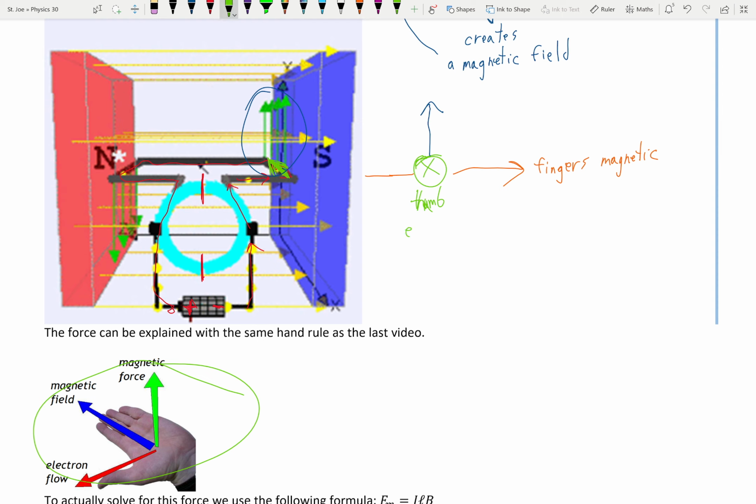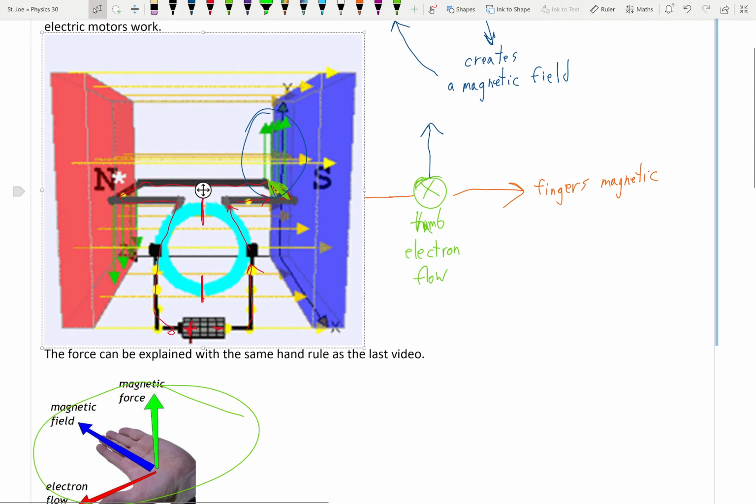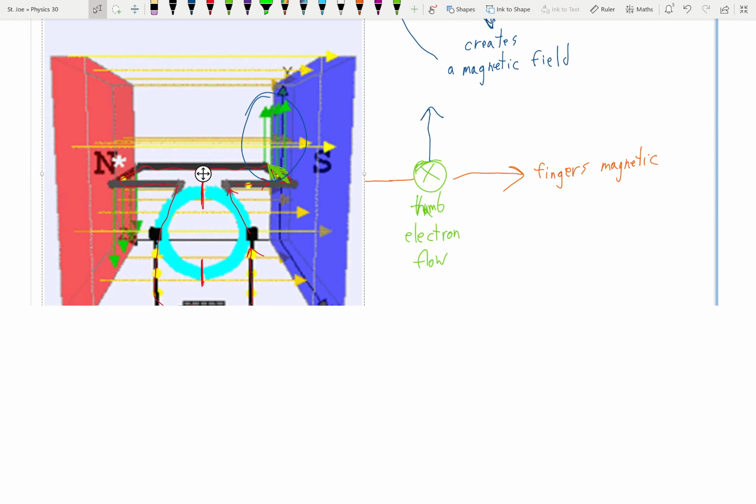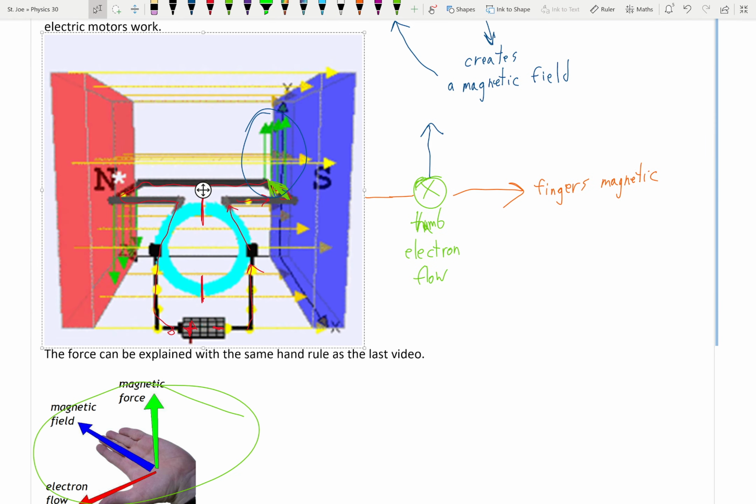And then the palm of your hand is facing upwards. That means that's the force, and that's from the palm of your hand.